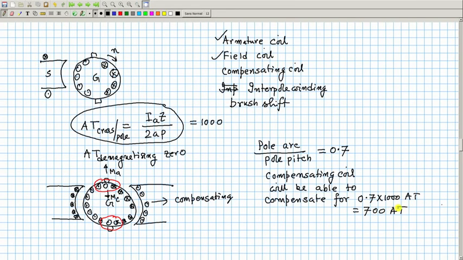So, about 70% of this, depending upon this ratio, 700 will be compensated.